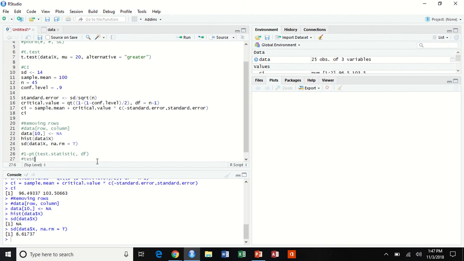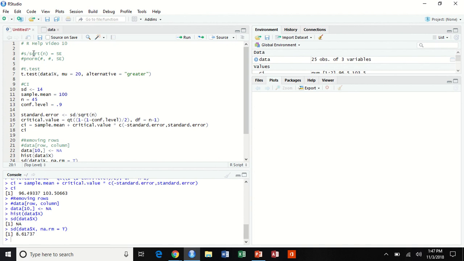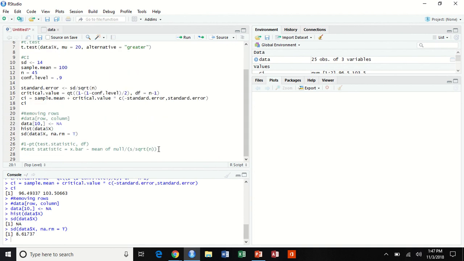And to solve for the test statistic, it's x bar minus mean of null hypothesis divided by s divided by square root n. And as you might recognize, s divided by square root n is the standard error from up here. So you calculate this. Make sure you don't get your parentheses messed up. And x bar is the sample mean. And again, all of these things will be given to you.